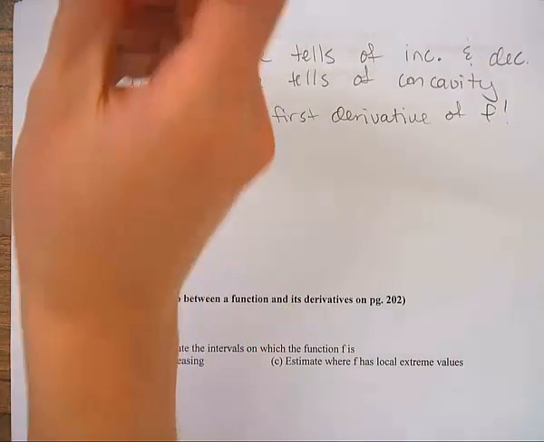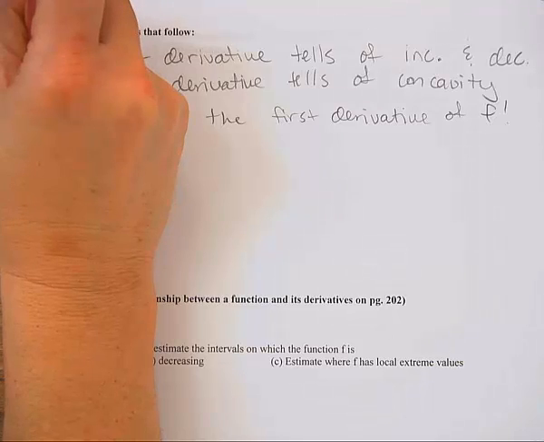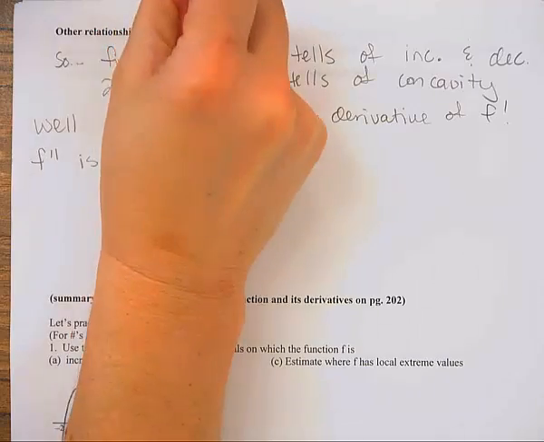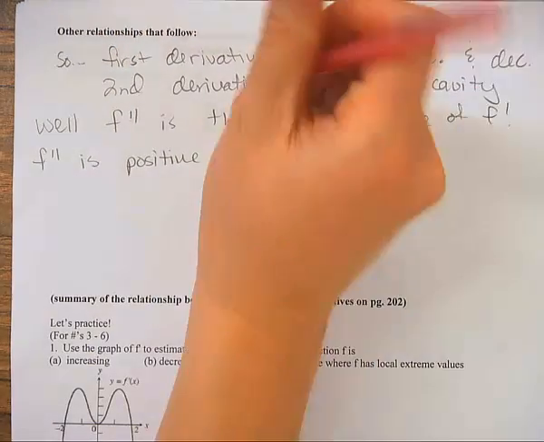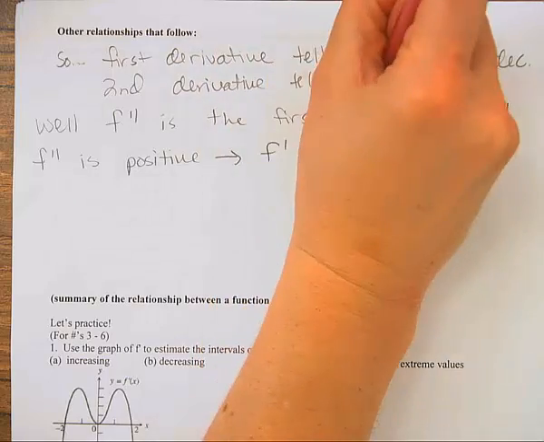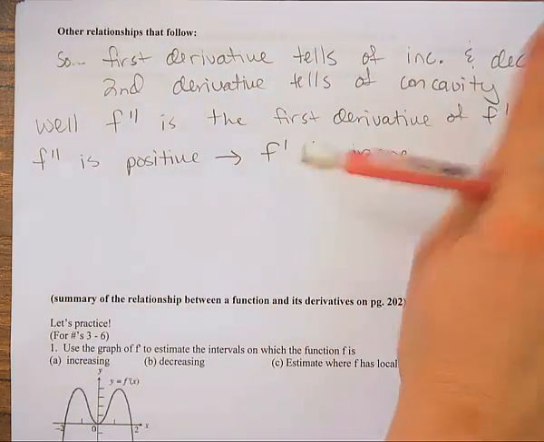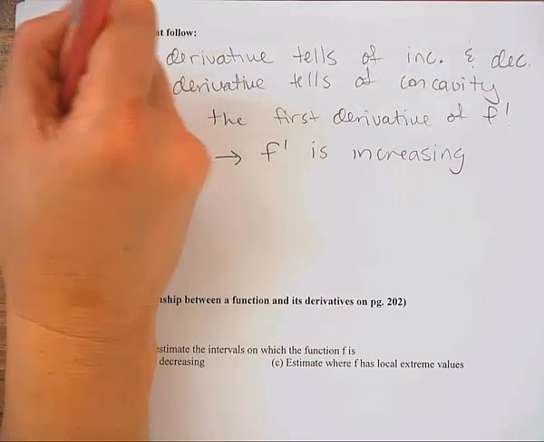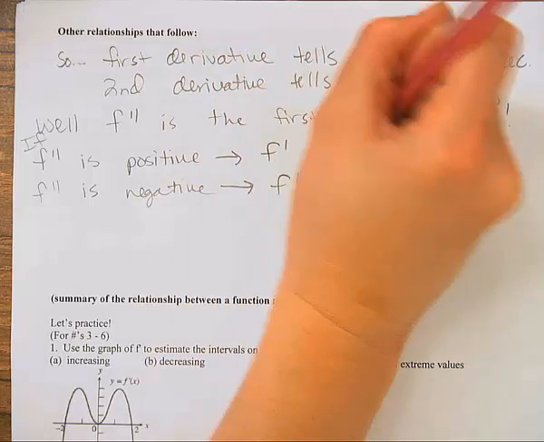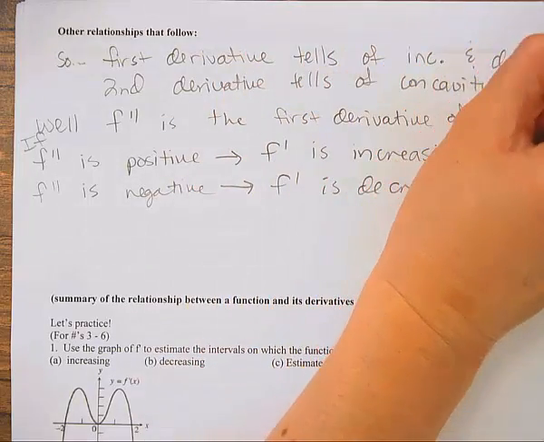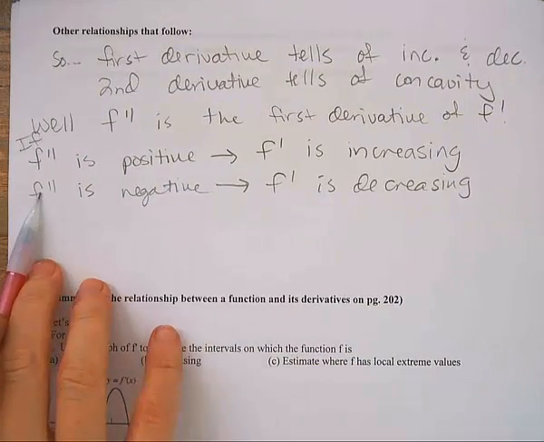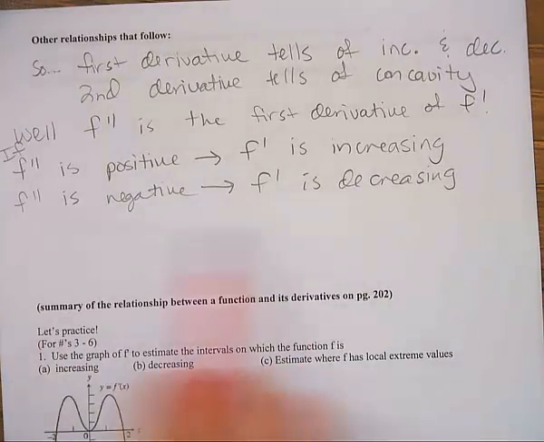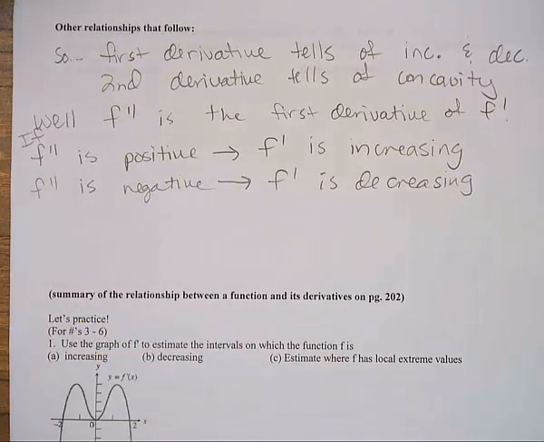So that means that if f double prime is positive, if the derivative of f prime is positive, that implies f prime is increasing, because remember, the first derivative tells of increasing and decreasing. If f double prime is negative, then f prime is decreasing, because f double prime is the first derivative of f prime, and the first derivative tells of increasing and decreasing. So now we also have a relationship between f double prime and f prime.